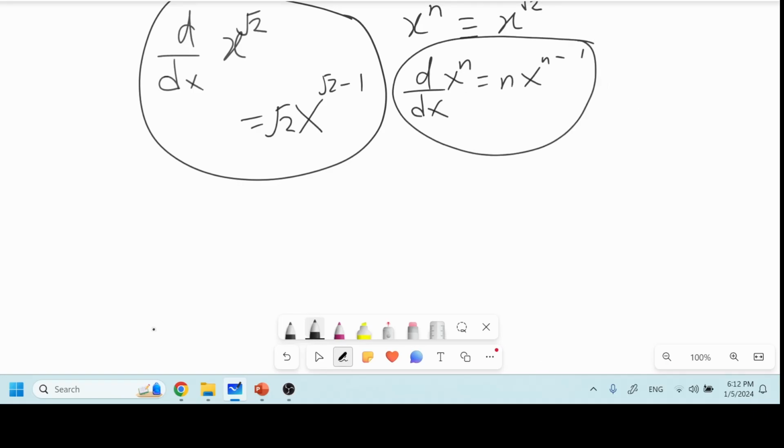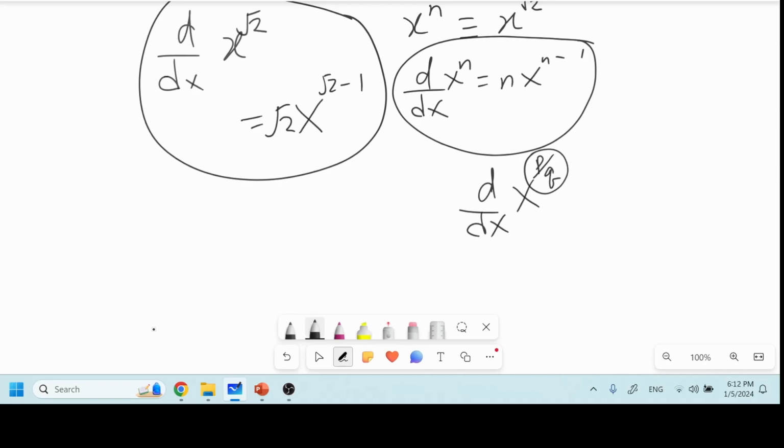What you have to realize is that previously, before we introduced the generalized power function, we only took the derivative of x raised to a fractional number, and the fractional number cannot represent an irrational number.